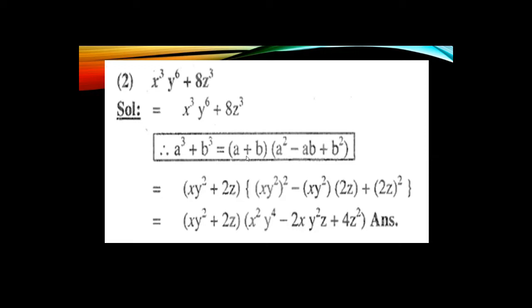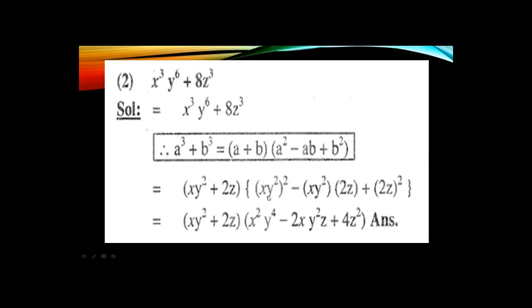In this formula, instead of a we will put xy square, and instead of b we will put 2z. So a plus b becomes xy square plus 2z. Now in the second bracket there is a square.